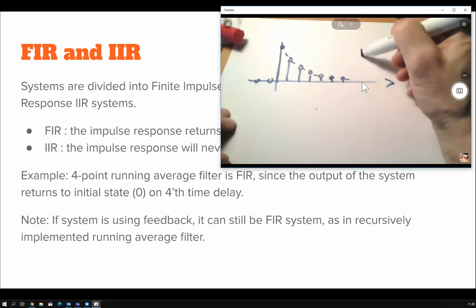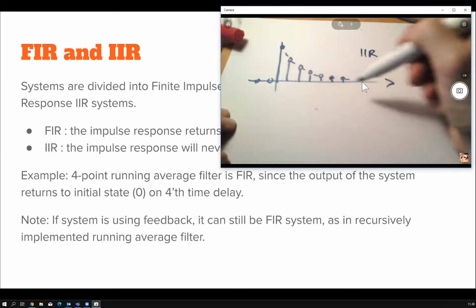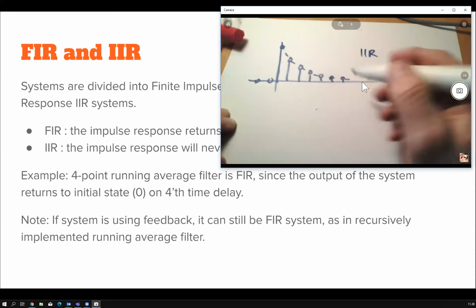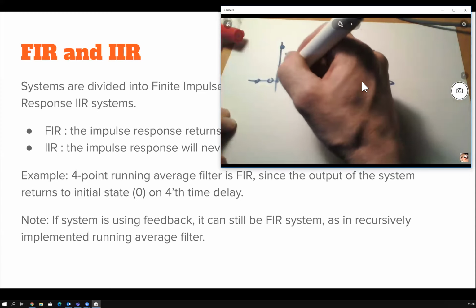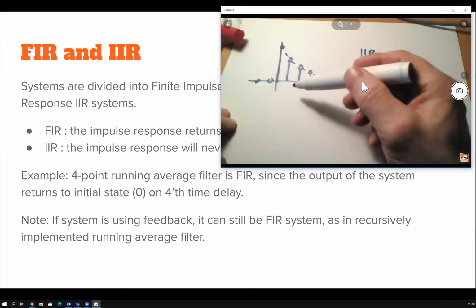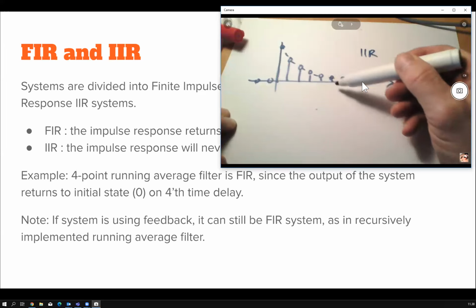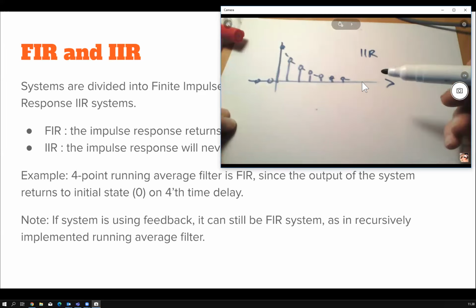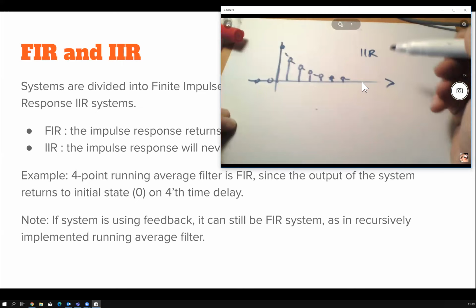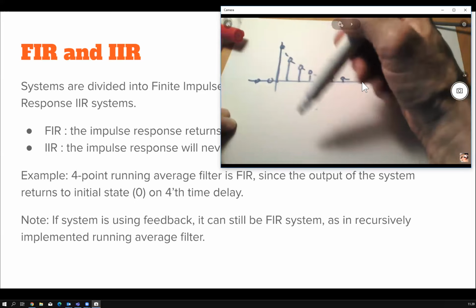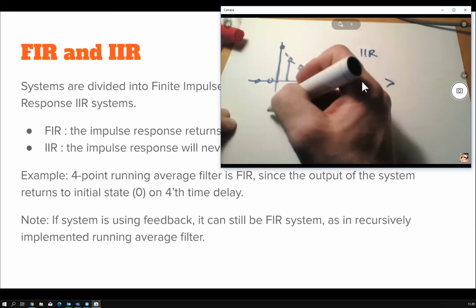So IIR systems are more or less looking like this, or say it might have these negative values, and so there could be some damping oscillation there for stable systems. Unstable systems, this would go haywire.